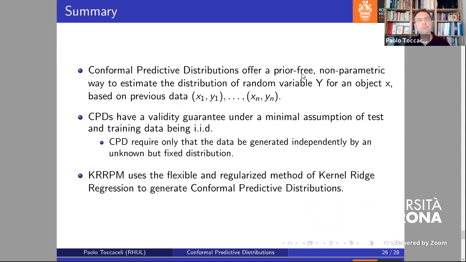So let me summarize the key points. Conformal predictive distributions offer a prior-free, non-parametric way to estimate the distribution of a random variable y dependent on independent variables grouped into the object x, based on previous data.